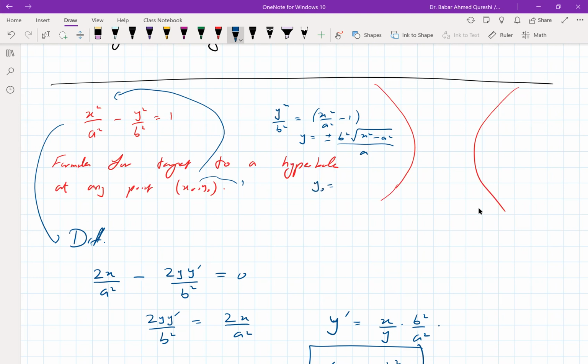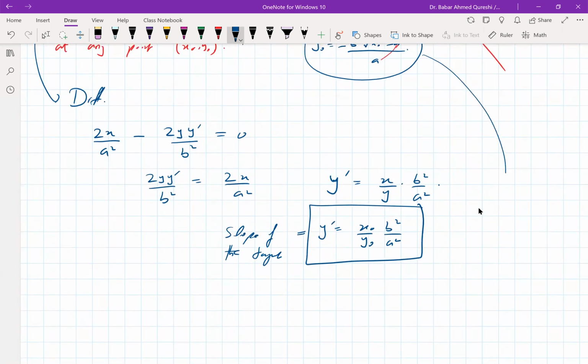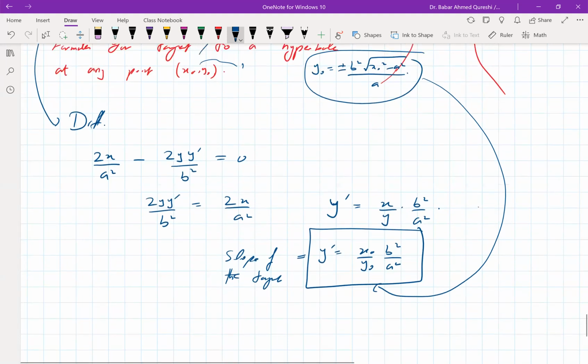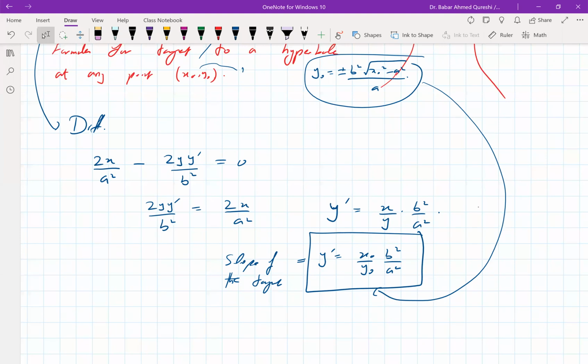So y naught is plus minus b square times the square root of x naught square minus a square over a. You plug this in over here, and at any point x naught, you have a formula for the tangent.